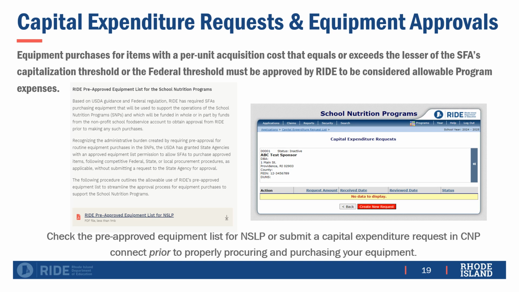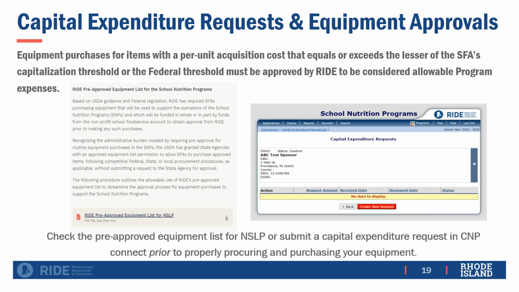RIDE will release additional updates related to this regulatory change once more guidance becomes available from the USDA. However, it is important to note that if the SFA uses a capitalization threshold within its established policies and procedures that is lower than the federally established threshold, the most restrictive threshold must be used when determining the need for prior written approval.